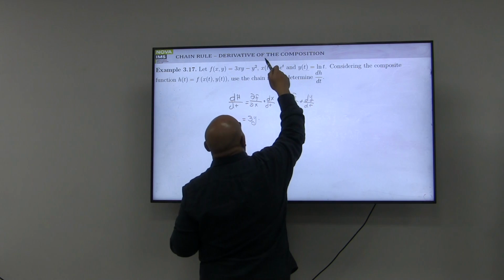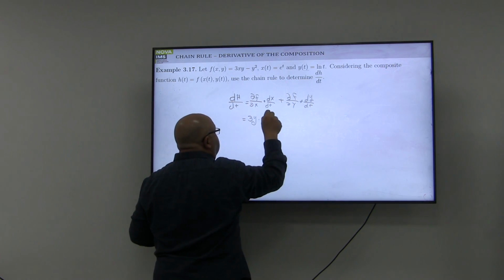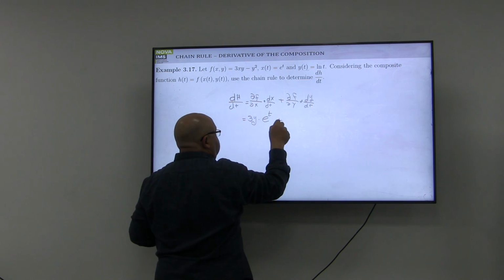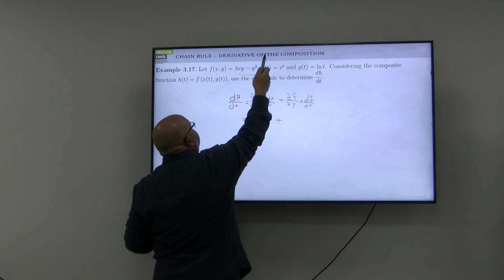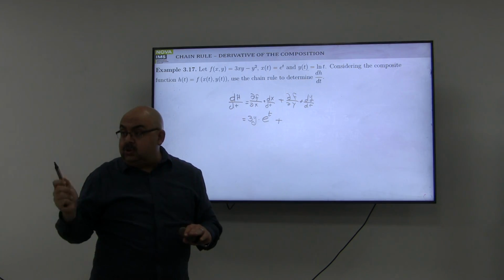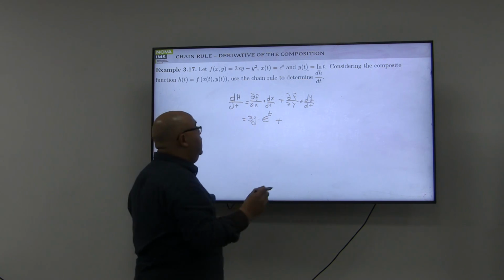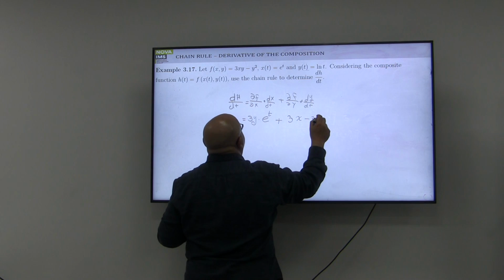Where is the x? Here is the x. Differentiate with respect to t, it's going to be e to the power of t. Then plus partial f partial y. So I will start differentiating this main function with respect to y. Once you start differentiating with respect to y, you will have 3x minus 2 over y.